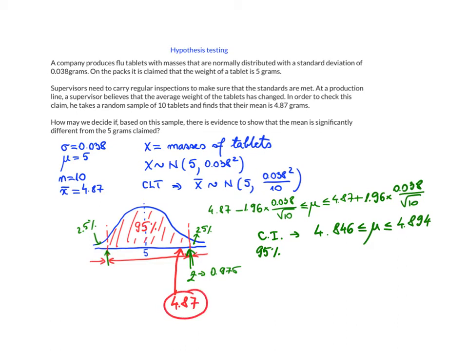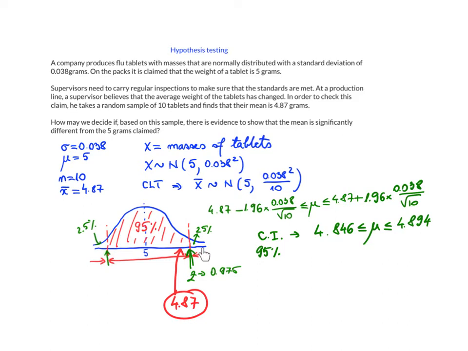So it lies within the 95% confidence interval. This means that the sample is not an odd sample. It's a normal sample. It's within the 95% confidence interval. So I will decide that actually the supervisor is not right and the company still produces 5 gram tablets.